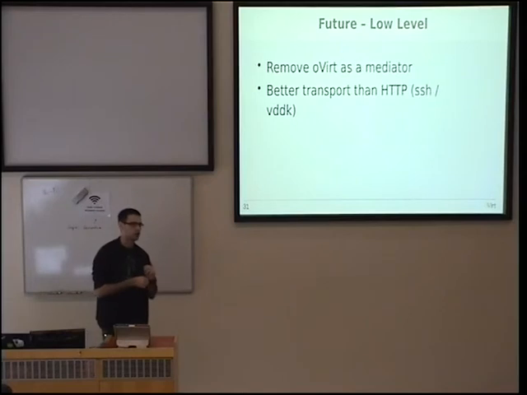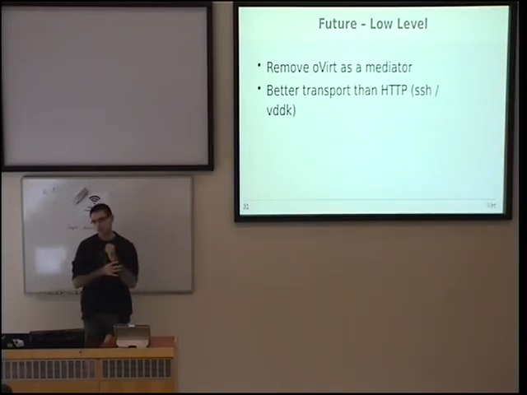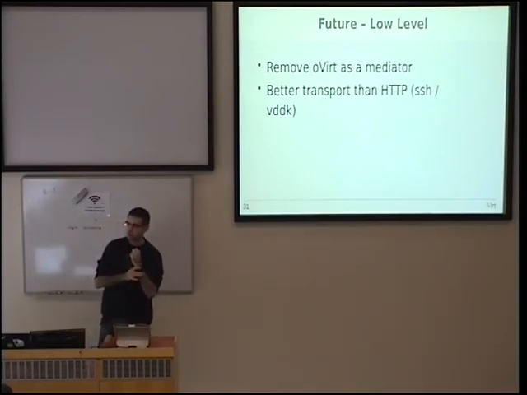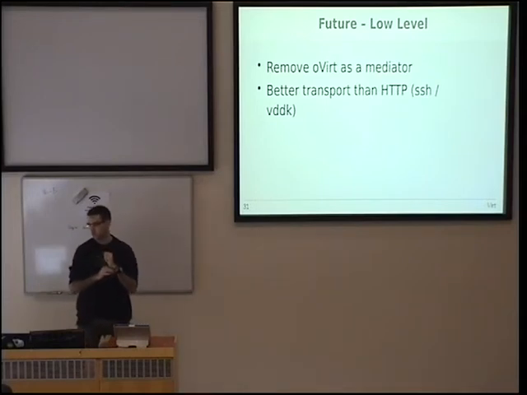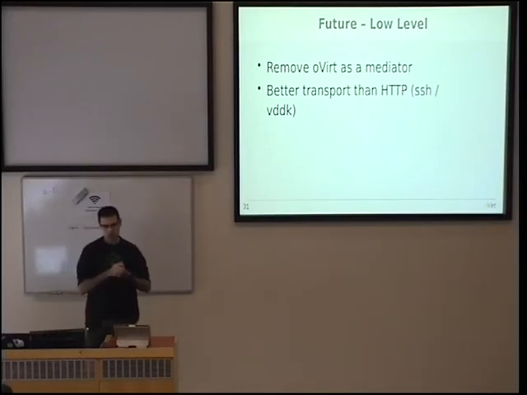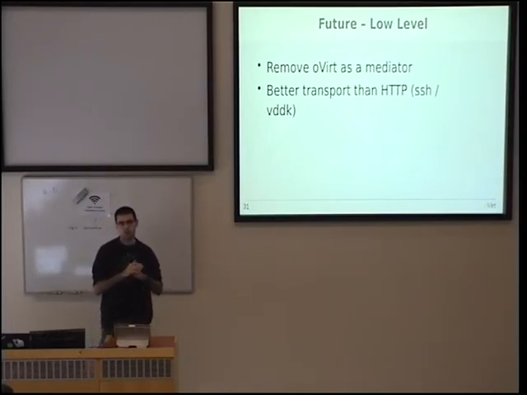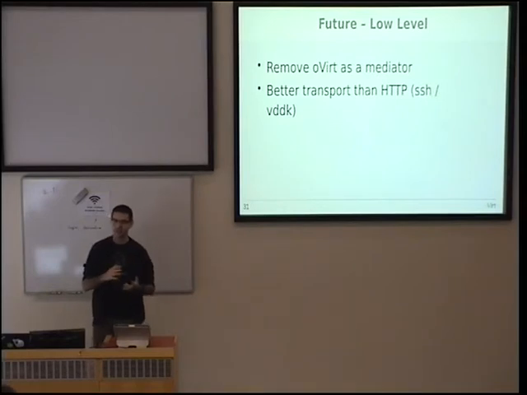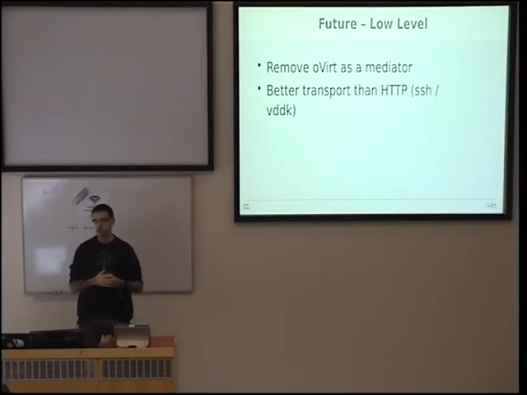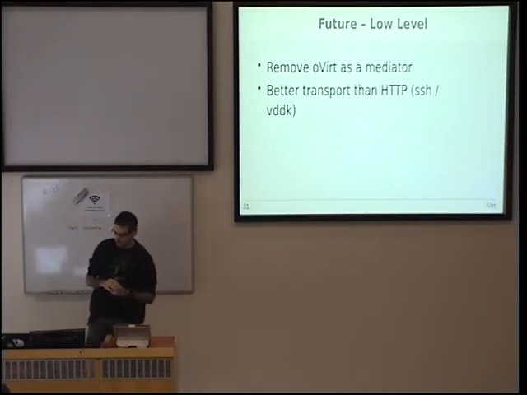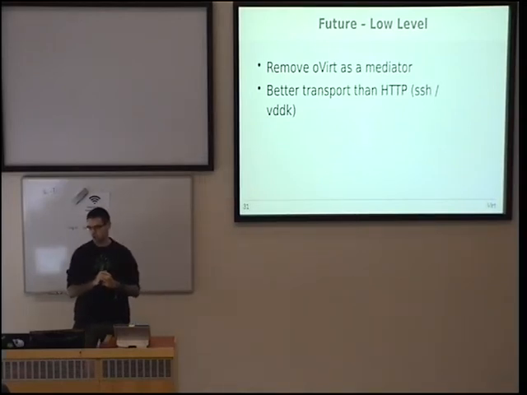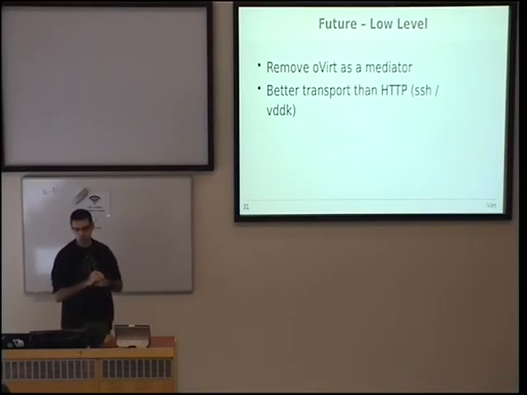VDDK is a proprietary tool from VMware, which are both much faster, and between each other they have advantages and disadvantages. We just need to figure out which one do we want to use and how to integrate it in a good way so it will be easy to use for the user.